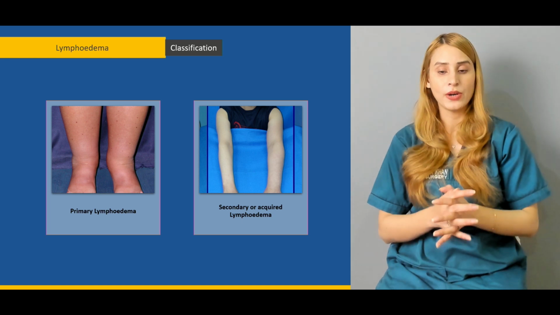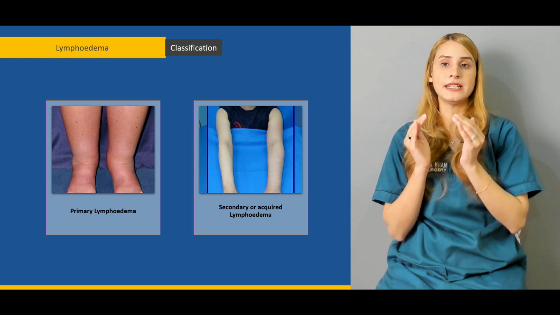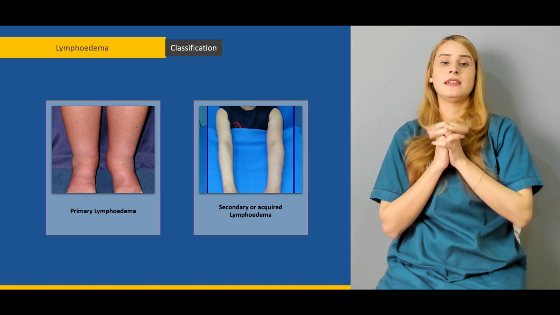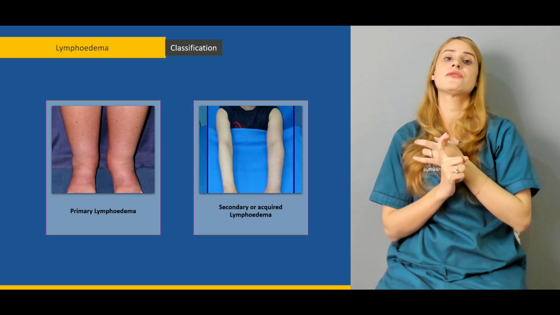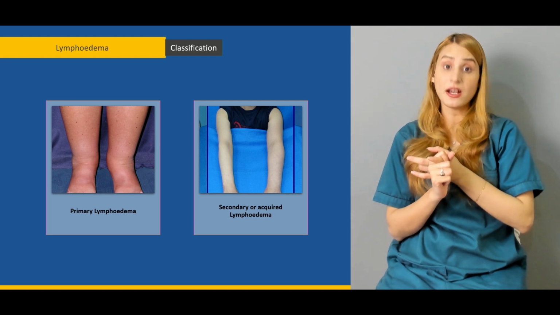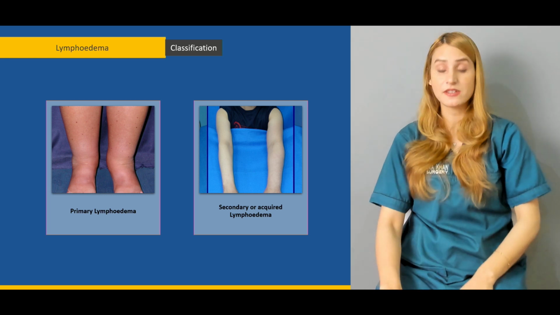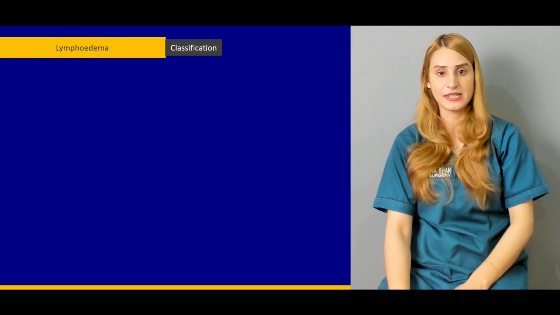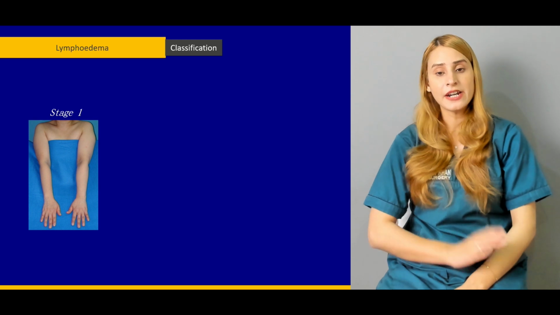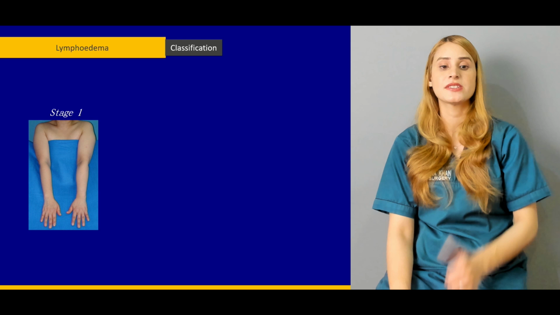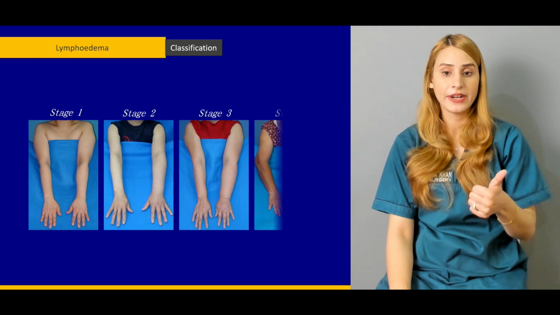If we talk about the malignant tumors which are related to lymphedema, one is lymphangiosarcoma. They can be Kaposi sarcoma, they can be basal cell carcinoma, or they can be squamous cell carcinoma. You should keep these things in your mind. So other than classification, there's a staging of the lymphedema: stage 1, 2, 3, and 4.